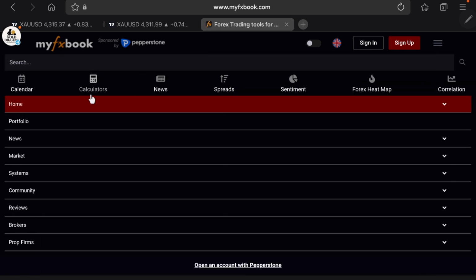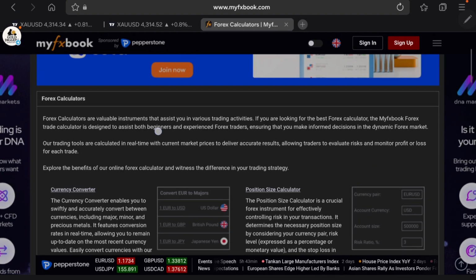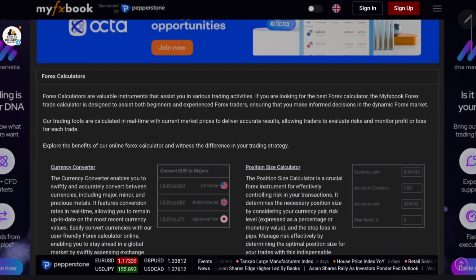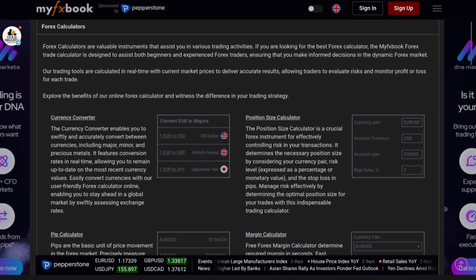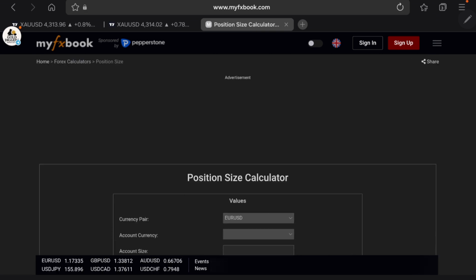Then you see calculator here, you tap on the calculator. After you tap on the calculator, it will open this. You see forex calculators. What we are interested in is this one, position size calculator. So we tap on it.